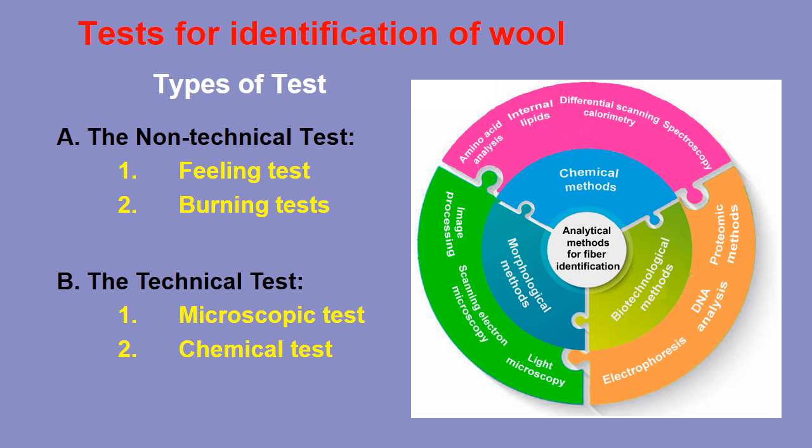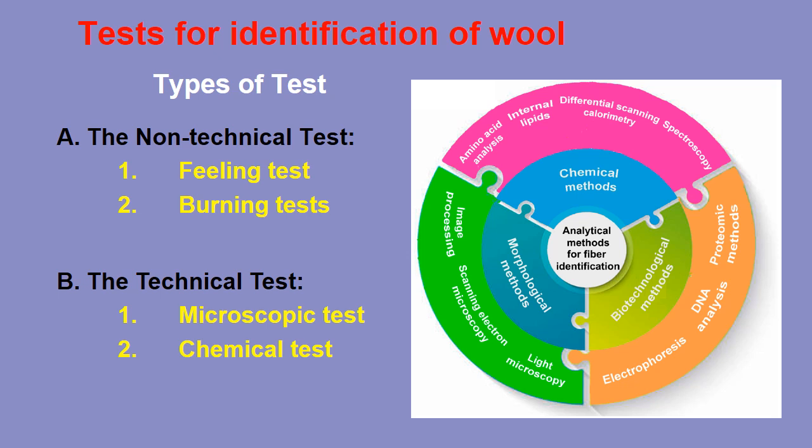Whereas in the right side diagram we can see the more modern methods like chemical methods, where amino acid analysis can be done, or lipid analysis, or differential scanning calorimetry, or spectroscopy.